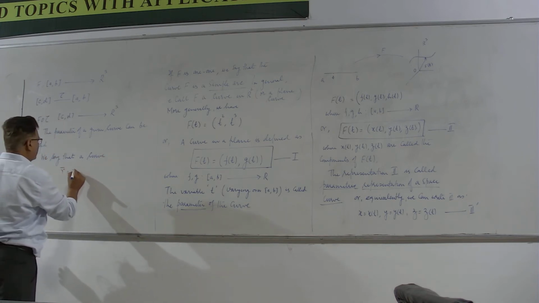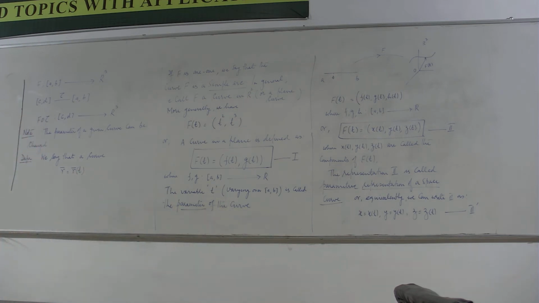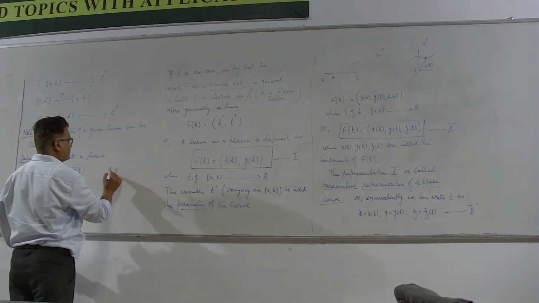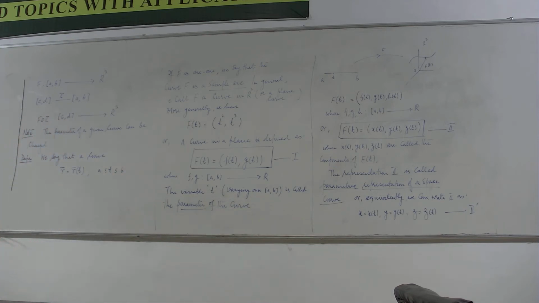Usually we write the symbol r for a vector in a space, so I would prefer this notation, and instead of denoting the curve by capital F, we would write the symbol small r. Okay. So, suppose this is a given curve.